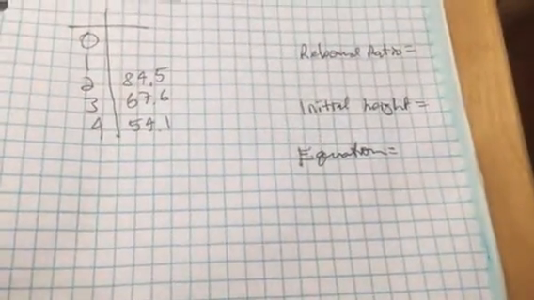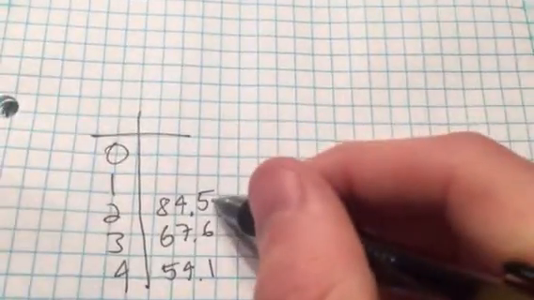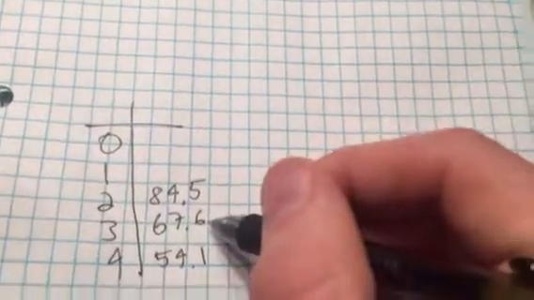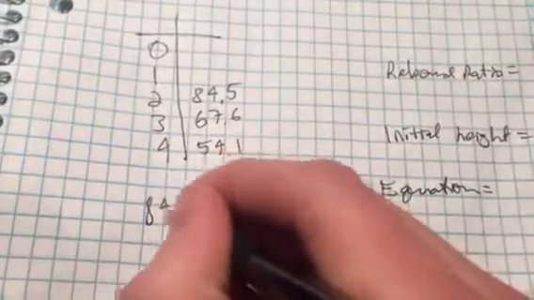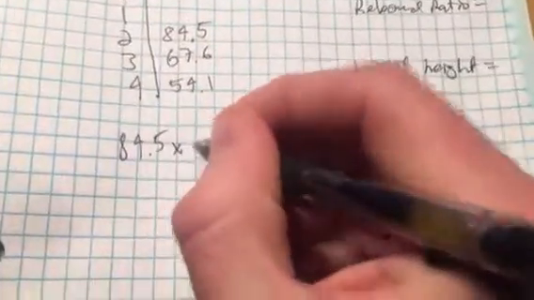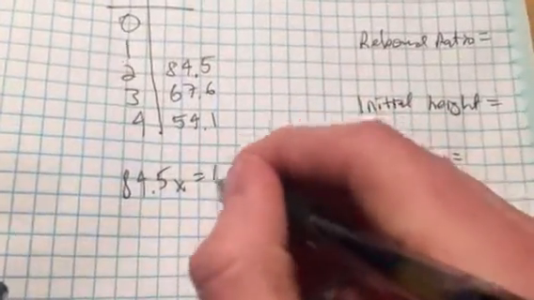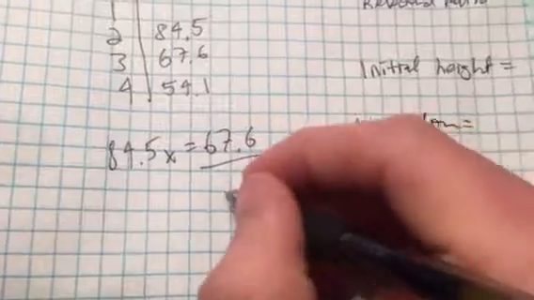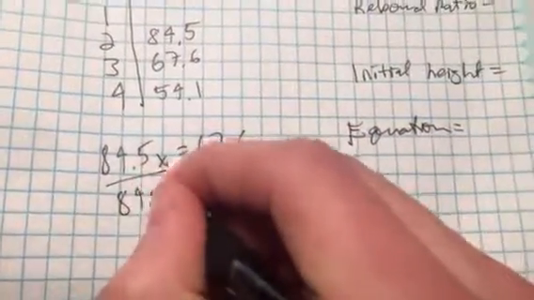Hopefully you gave that a shot and got some solutions here. Let's check it. So 84.5 times what is 67.6? So if you just take what I just said, 84.5 times what, that's some x value, equals 67.6. We'll solve for x. Divide both sides by 84.5.